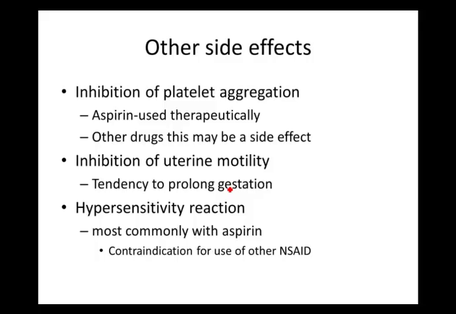When we talk about aspirin and platelet aggregation, that's the clinical benefit of it. But if you don't want your platelets aggregated, that's a side effect in a non-STEMI patient. We can also alter uterine motility, and there are hypersensitivity reactions, as I mentioned earlier, most commonly encountered with aspirin, but some people have been known to be allergic to other NSAIDs as well.